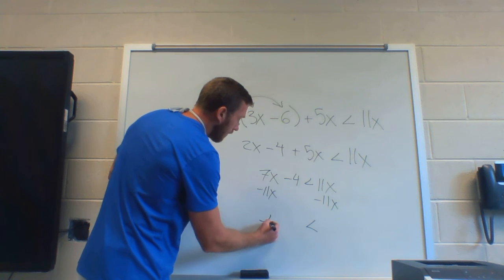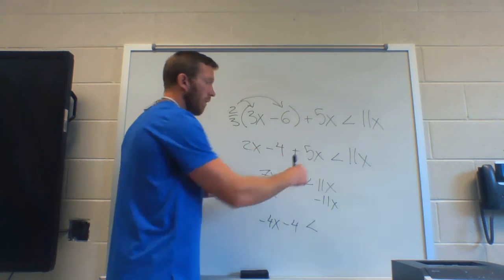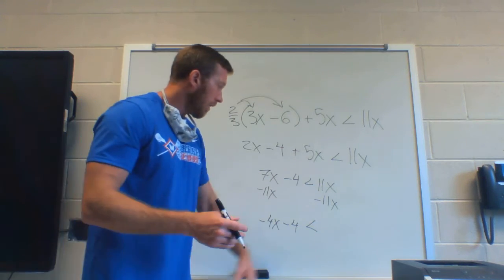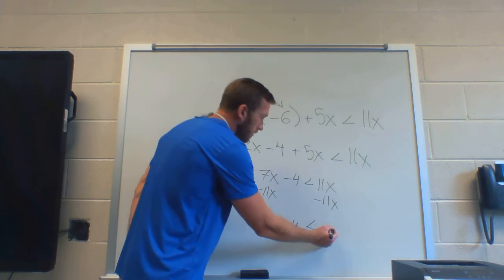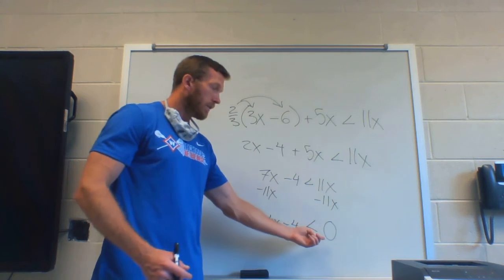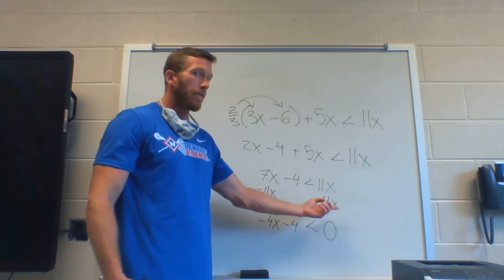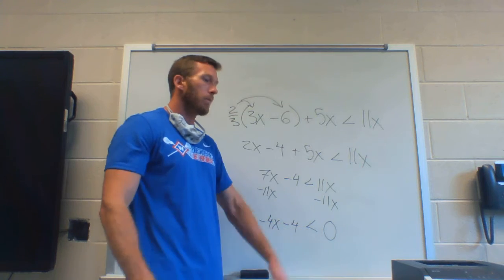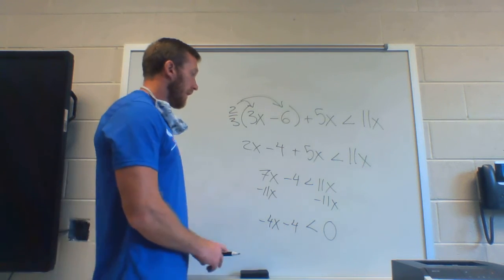Now we have -4x minus 4. Everyone always asks, what do I put there? Is the problem done? What do you get when you have something and you take all of it away? You have 0. If you had 11 apples and you take away 11 apples, you're left with 0 apples.